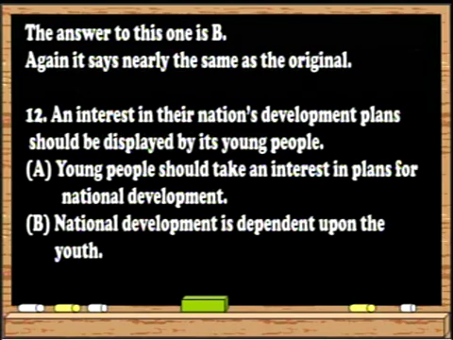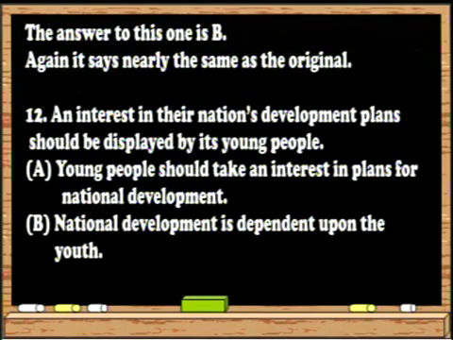Again, it says nearly the same as the original. The original sentence, number 12: an interest in their nation's development plans should be displayed by its young people. And the options: young people should take an interest in plans for national development.